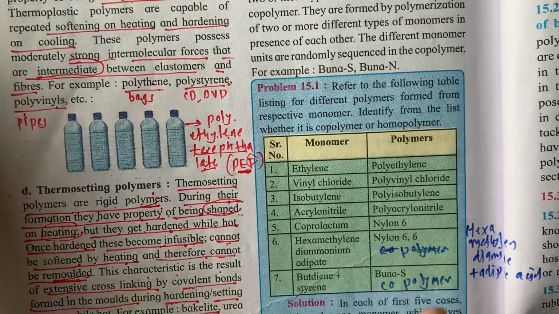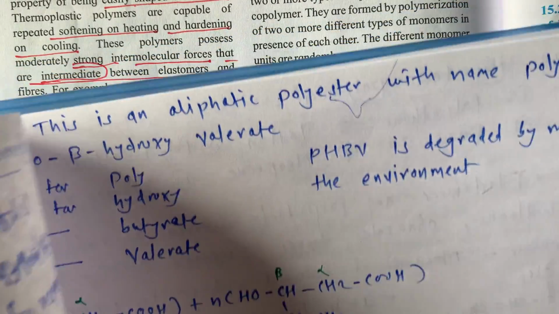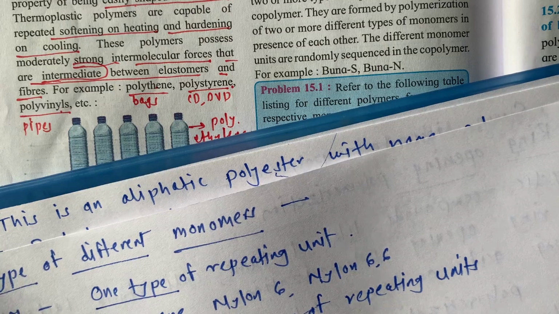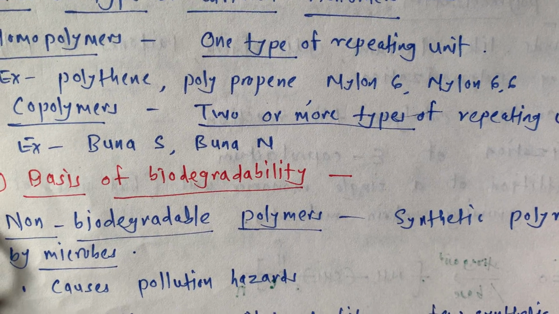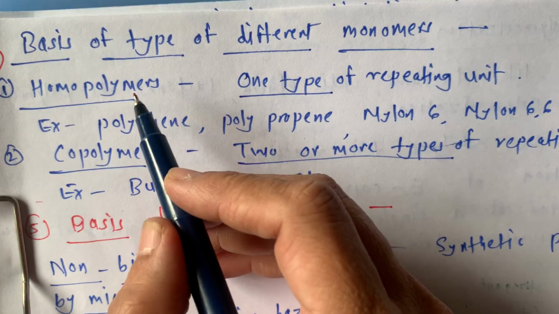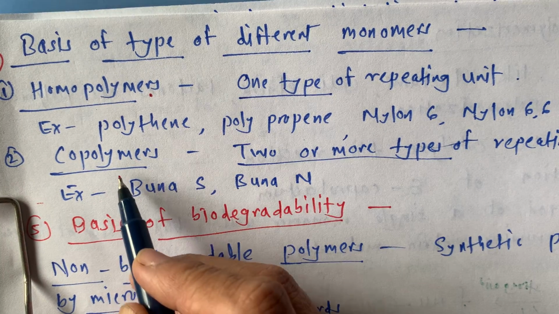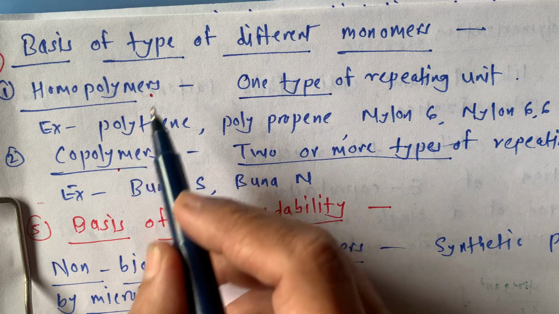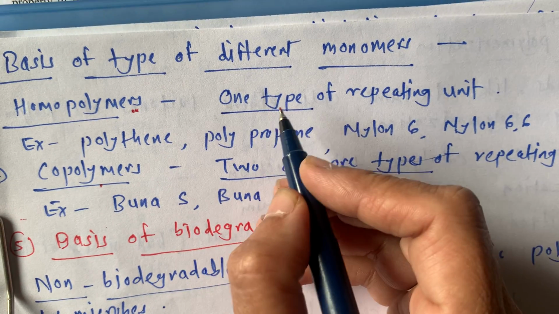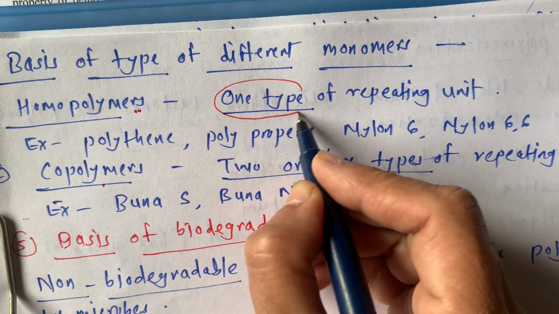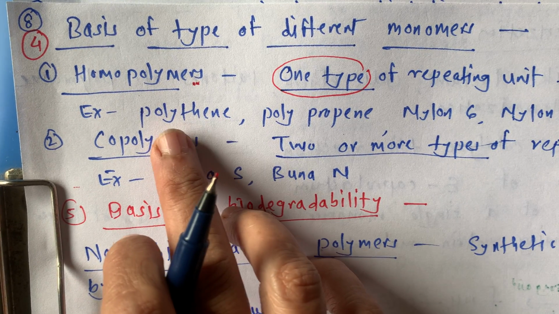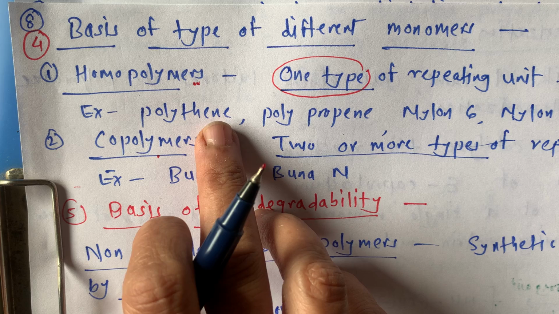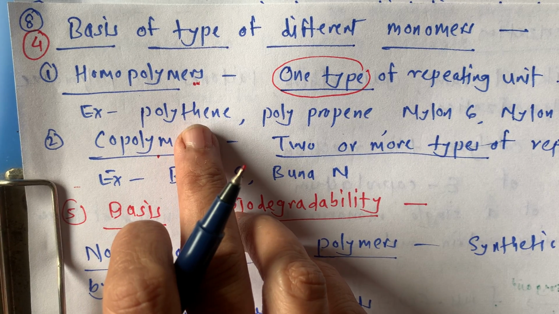Okay, now next one is classification on the basis of different monomers, and there are two types. One is homopolymers, another one is copolymers. What do you mean by homopolymer? Means only one type of repeating unit. Now polythene, we may call it polyethene, or commonly polythene.